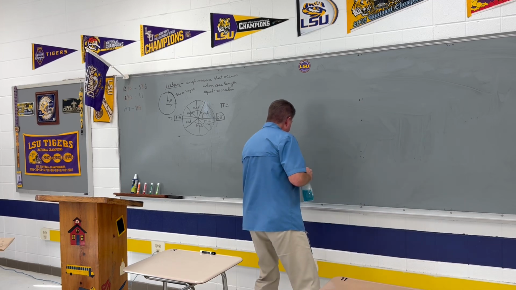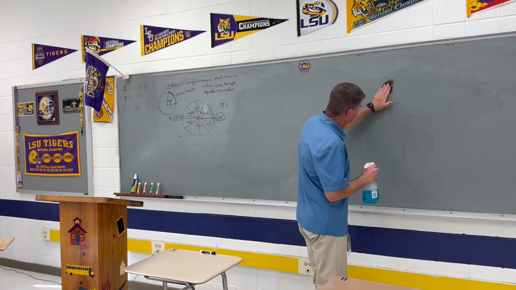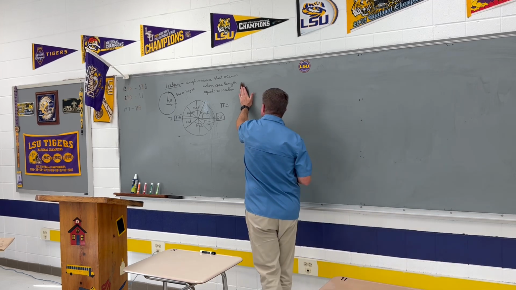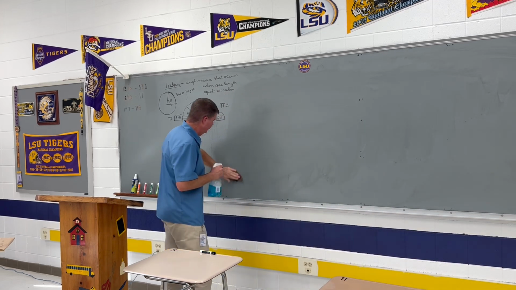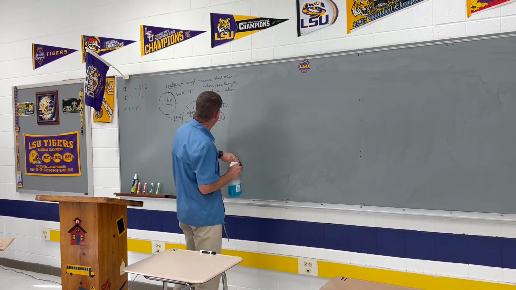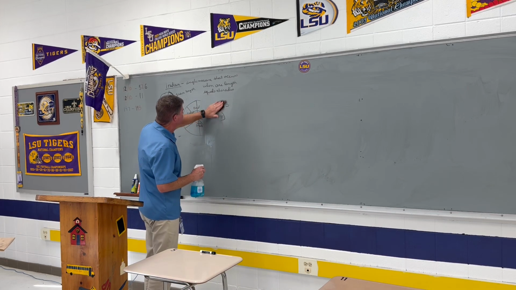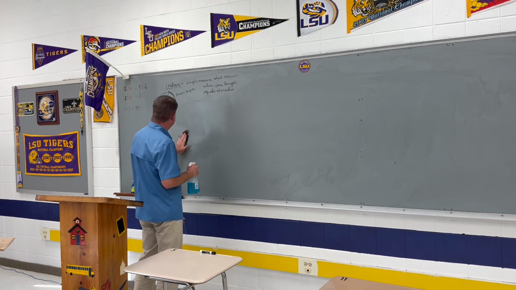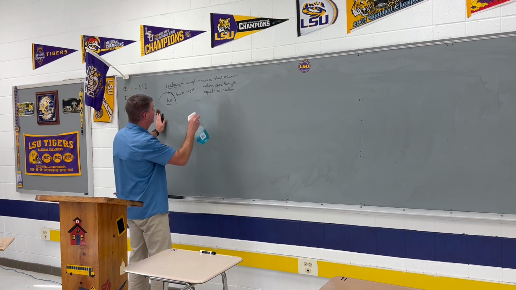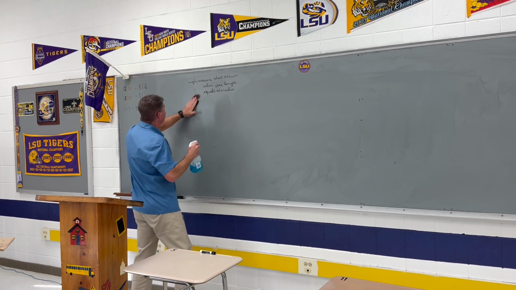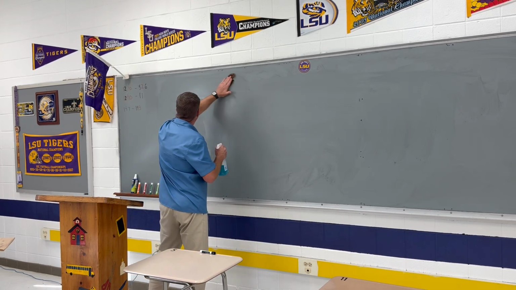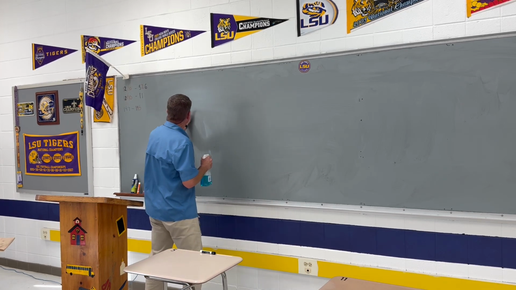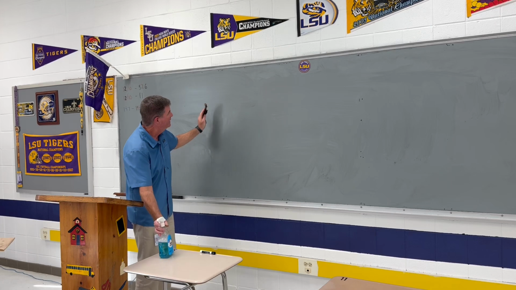So when converting from one to another, whether it's degrees to radians or radians to degrees, we must use an equivalent. That is something where I know that the two values meet up, but they're different numbers. For instance, at 180 degrees, or half of a circle, I know that that is pi radians.